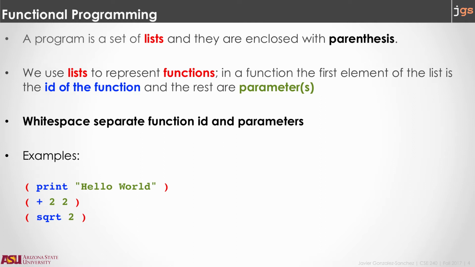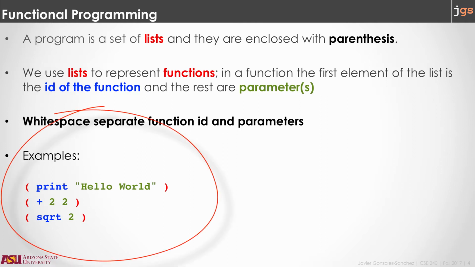So, for instance, the following three lines are three lists, and those three lists represent three functions. The first element in each list, print, plus sign, and SQRT, represent IDs of a particular function. The next elements are parameters for that function. "Hello world" is a string, so it's one item and is one parameter for the function print.